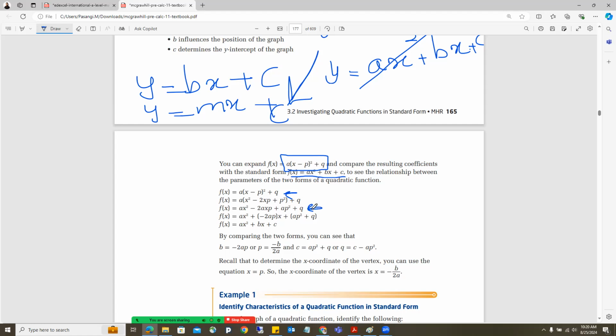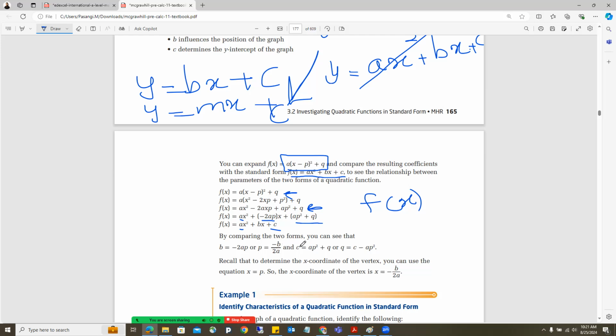Now this format is actually what we have as ax squared plus bx plus c. Here also we had a as a; as b, here we have minus 2ap; c means actually ap squared plus q. Is it clear? So from the vertex form, we can get the standard form again.